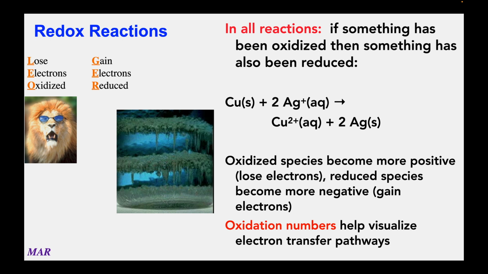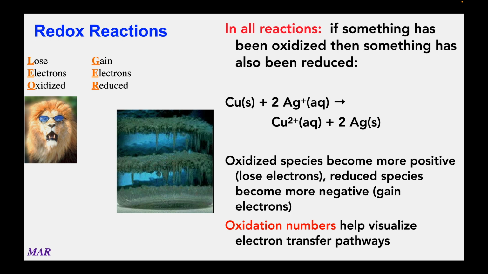It becomes copper 2+. So copper has been oxidized. It's lost electrons. Reduced species gain electrons. They become more negative. So notice that silver went from a +1 to silver 0, which is what Ag solid is. So it became more negative because it gained electrons.